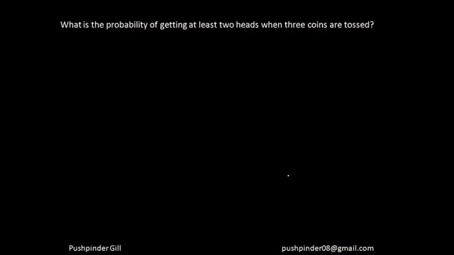So let's move forward. What is the probability of getting at least 2 heads when 3 coins are tossed? Now my first step, again, is to list down what he wants. He wants at least 2 heads, right?